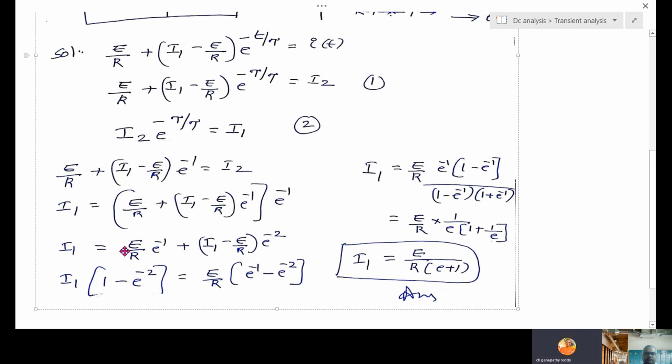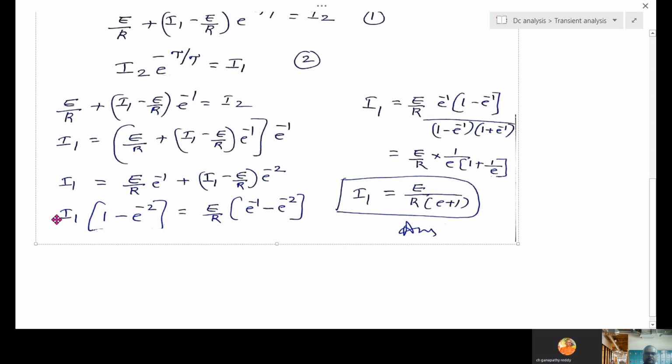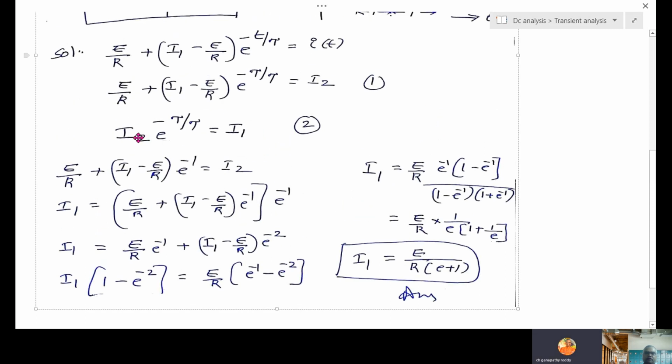Then I1 is equal to this. You simplify further, solve for I1, just go through the mathematical steps. Wherever I2 is there, here what is this expression? I2 equal to e power minus 1 is equal to I1.